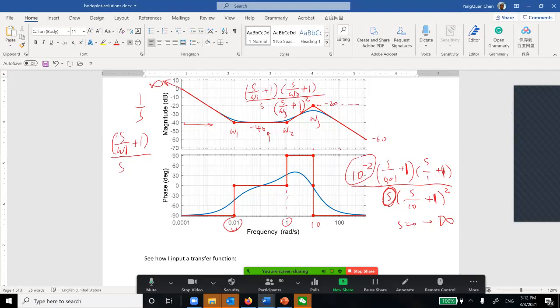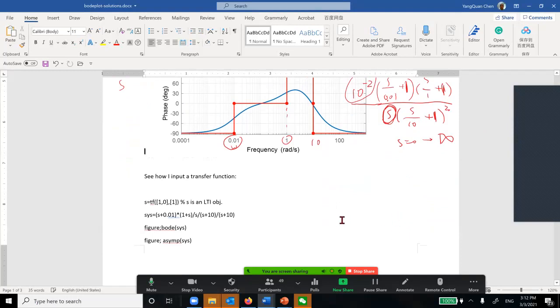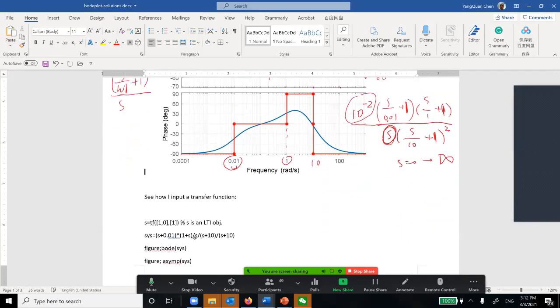All right, so let's check what we have. The real result is like this. It is actually this one, and you have S plus 0.01 and 1 plus S, which is S plus 0.01, S plus 1, S plus 10 squared.